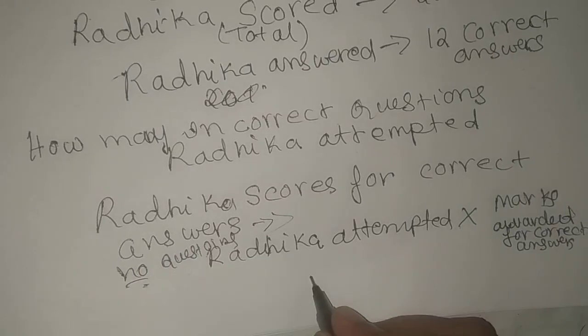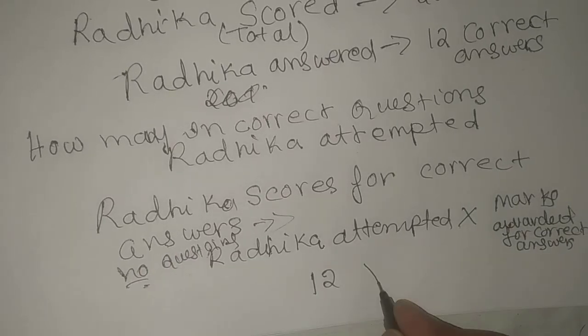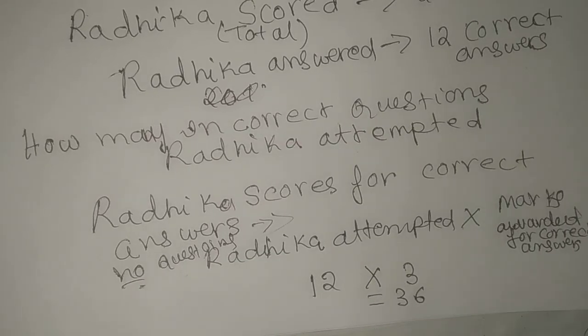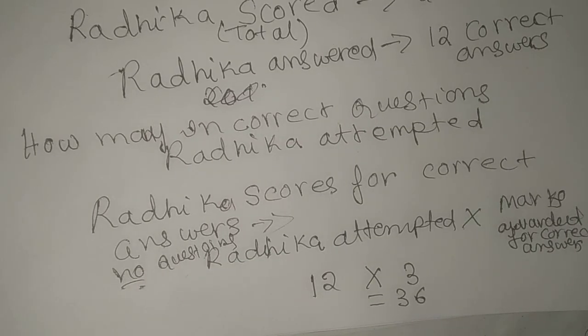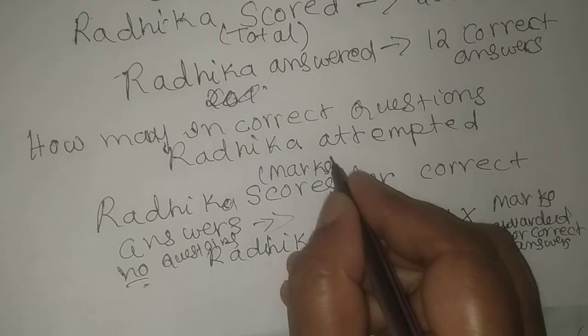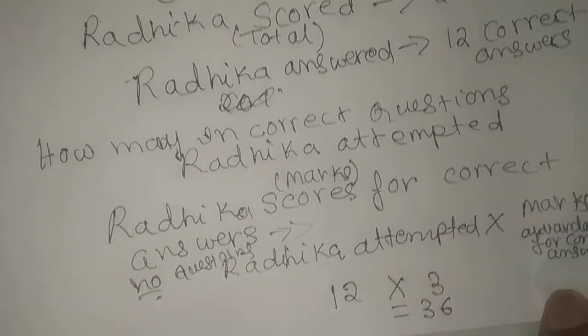So the number of questions is 12, into marks awarded for each question, 3, is 36. 36 is the score for correct answers. So we finished one part. Next we'll move on to the next.